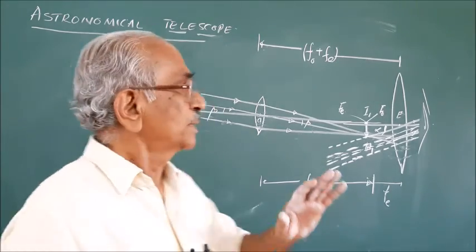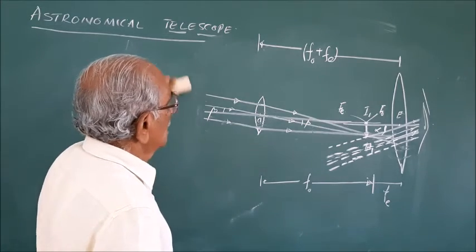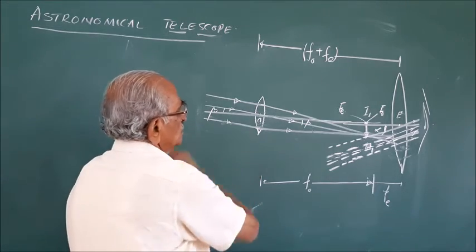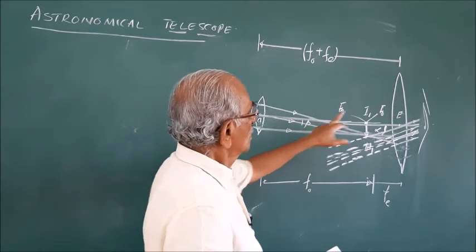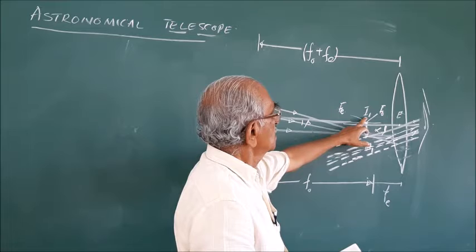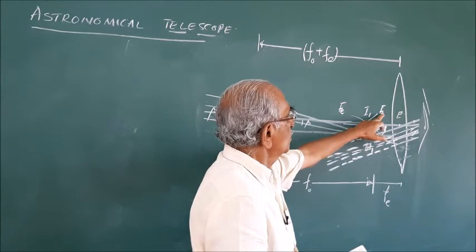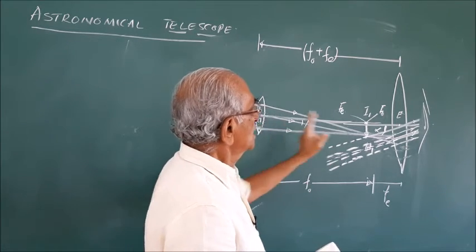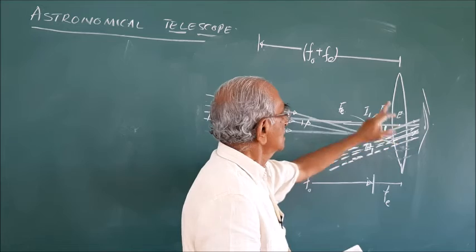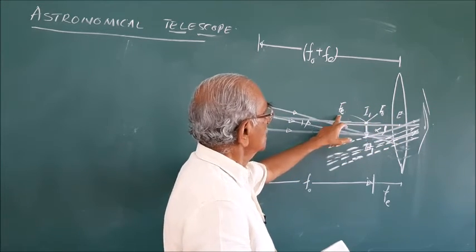In the normal adjustment, see, rays from distant object falling on the objective converge, forming the first image, I1M1, at the principal focus of the objective, FO. Now, we adjust the position of the eyepiece such that I1M1 is formed also at FE.